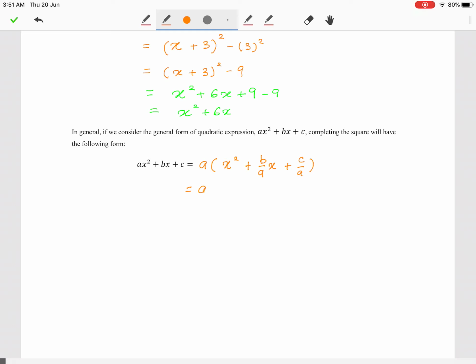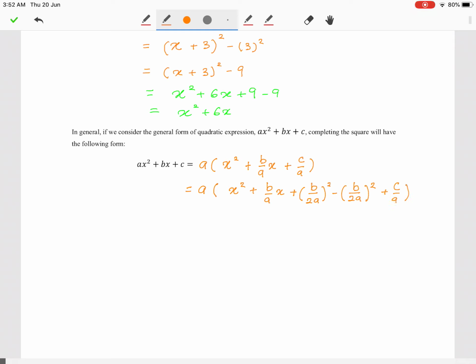So in this case, we have x squared plus b over a x plus, now b over a divided by 2 will give you b over 2a square, minus b over 2a square, plus c over a.